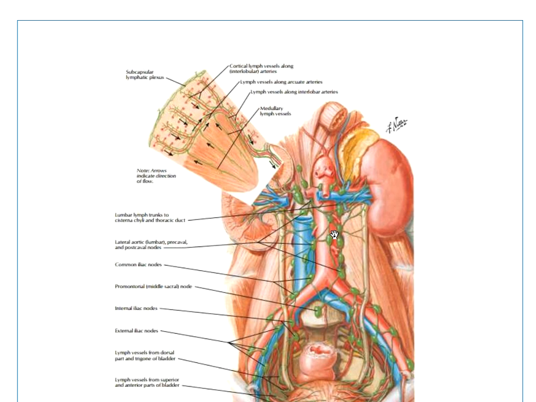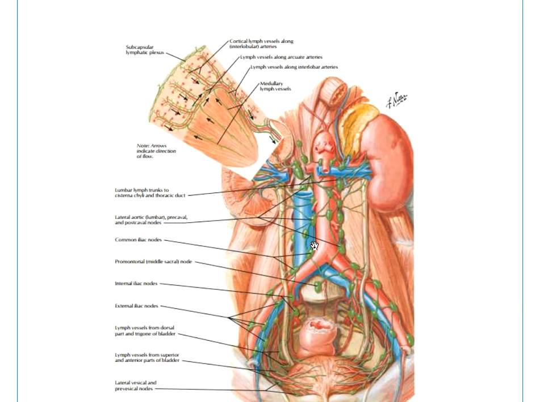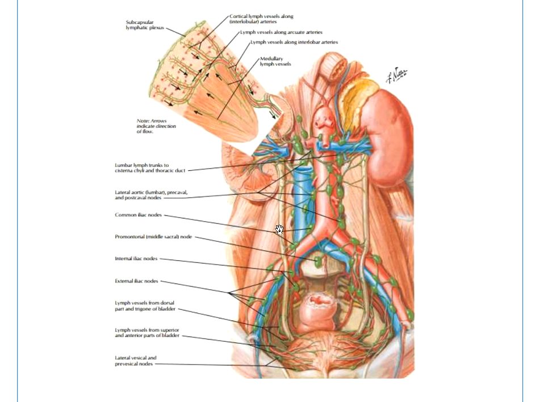This image is to show lymphatic drainage of the organs that we deal with. Lymphatic drainage from the kidney comes to the lymph nodes around the inferior vena cava and abdominal aorta. Lymphatic drainage from the ureter comes also around the inferior vena cava and abdominal aorta, but some comes down to the common iliac vessels.